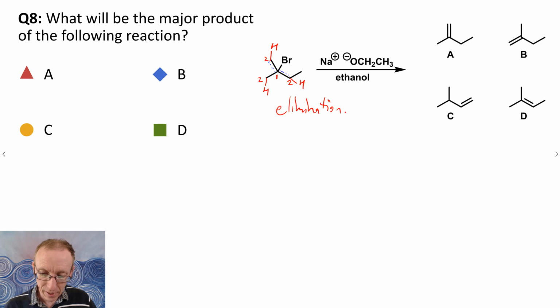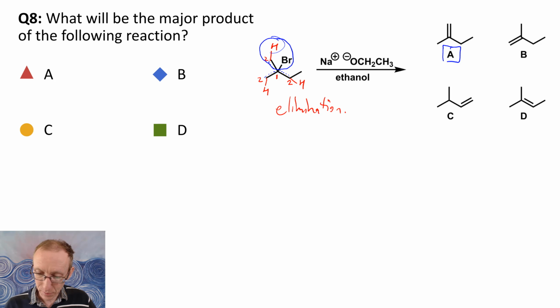And it could be to this other one here, but that would generate the same molecule as if it went to this one over here because of the symmetry of the molecule. So when we do that, if we lose the hydrogen and the bromine between these 2 positions here, we'll end up with compound A, this one here.